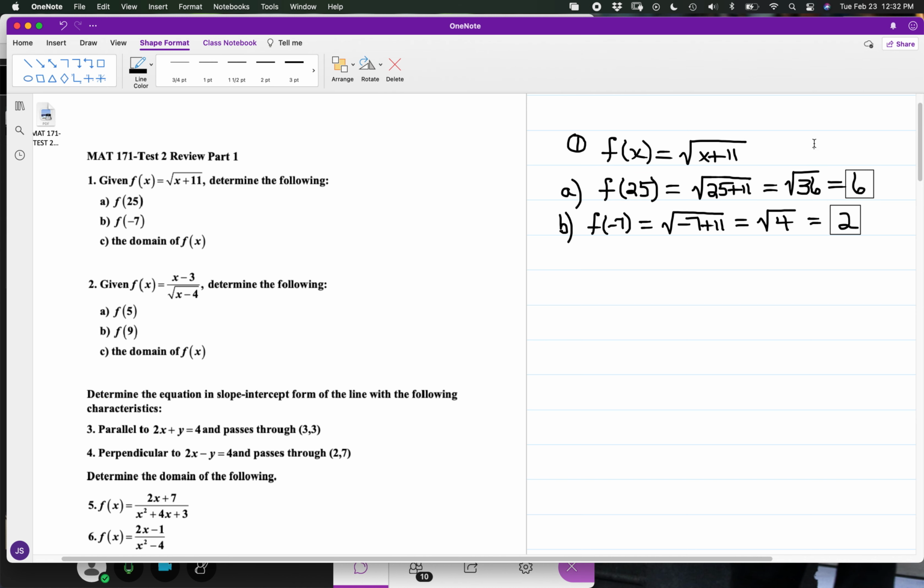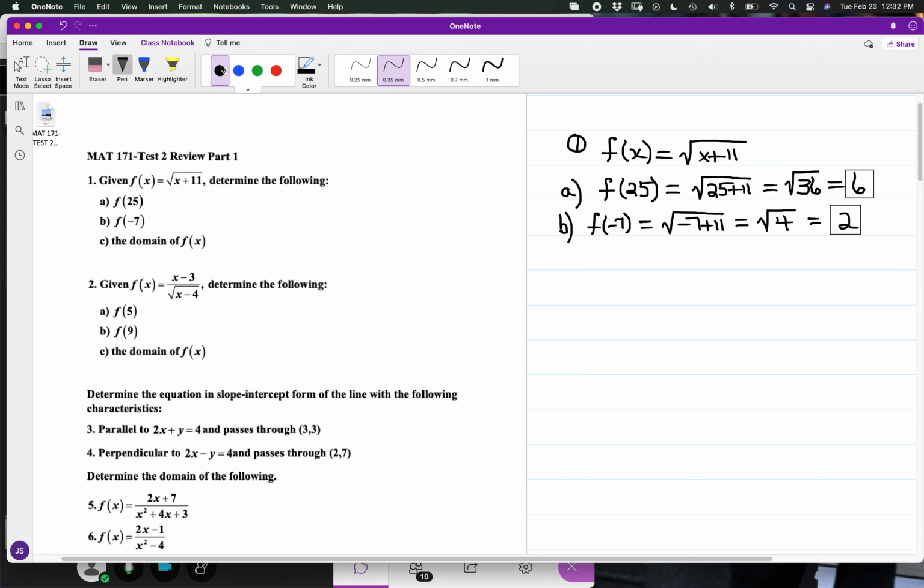And in the case of the domain, okay, for the given function, again we have f of x is equal to the square root of x plus 11. And because we have a radical that is of an even root, okay, we have the x plus 11 cannot be negative.